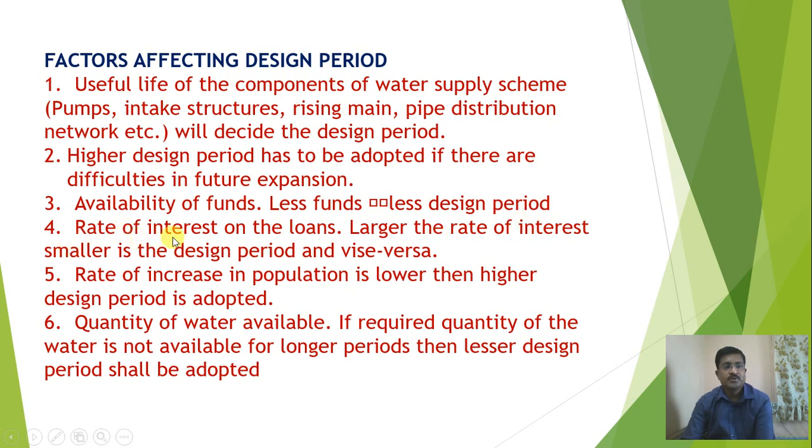Then rate of interest on the loans: the larger the rate of interest, the smaller the design period, and vice versa. This is also an important aspect. If the rate of increase of population is higher, then a higher design period is adopted. If the required quantity of water is not available for longer periods, then a lesser design period shall be adopted.